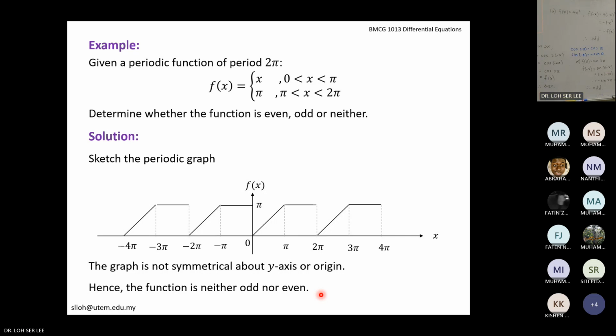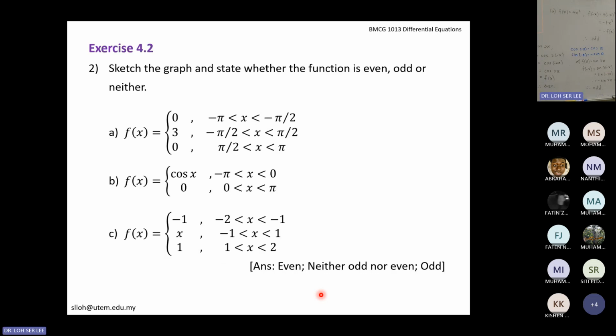Okay. And now we try to sketch this one.